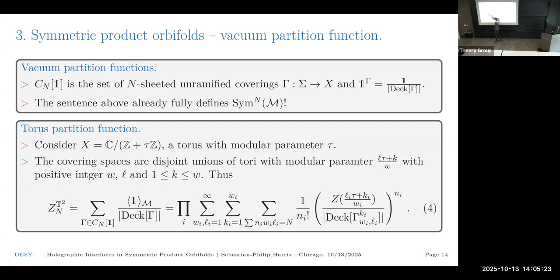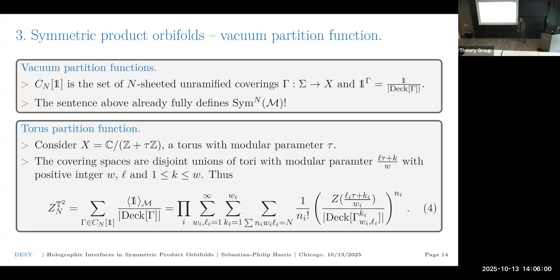So if I take the vacuum operator of symmetric product orbifold, the identity operator, then the set of covering maps associated to it is just a set of all n-sheeted unramified coverings of X by covering space sigma. And the lifted operator is just the identity operator of the seed theory on the covering space sigma divided by the size of the group of deck transformations.